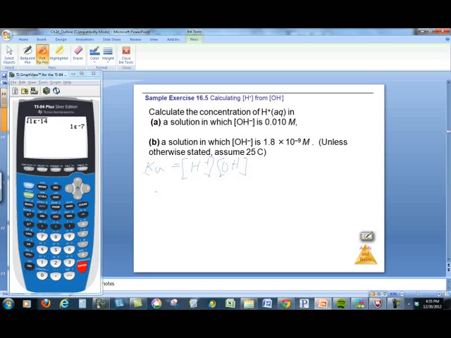And we know that Kw, 1.0 times 10 to the minus 14th, is equal to H plus concentration times OH concentration. So I know what this is, so I can solve for H plus. H plus concentration is going to be 1 times 10 to the minus 14 over the OH, which is given to me here, which is 0.010.